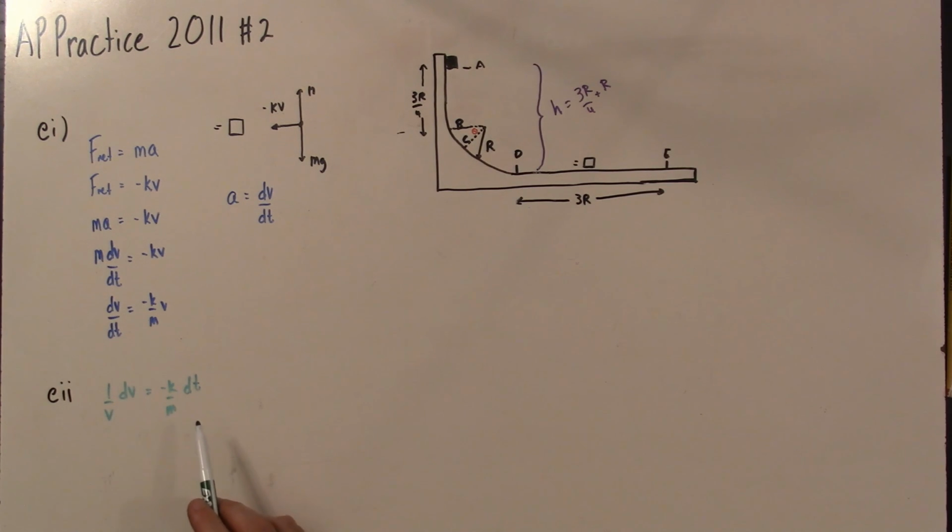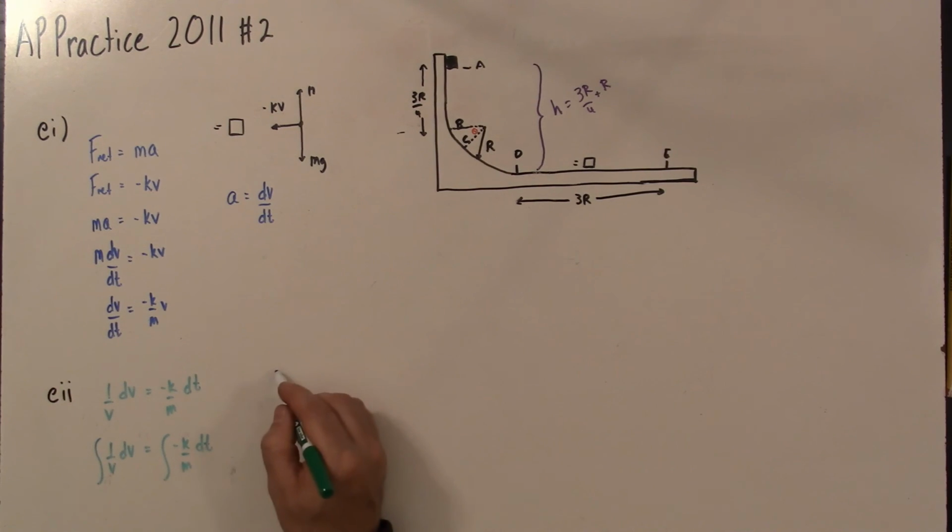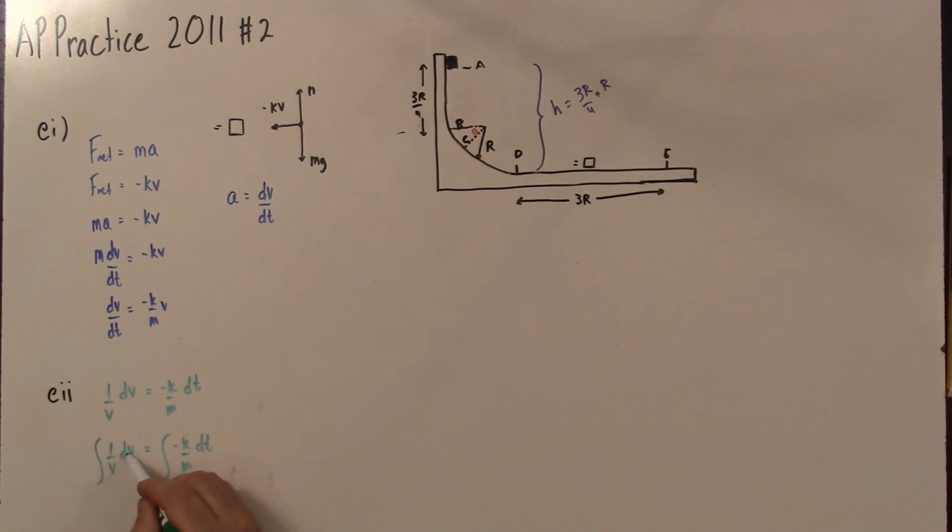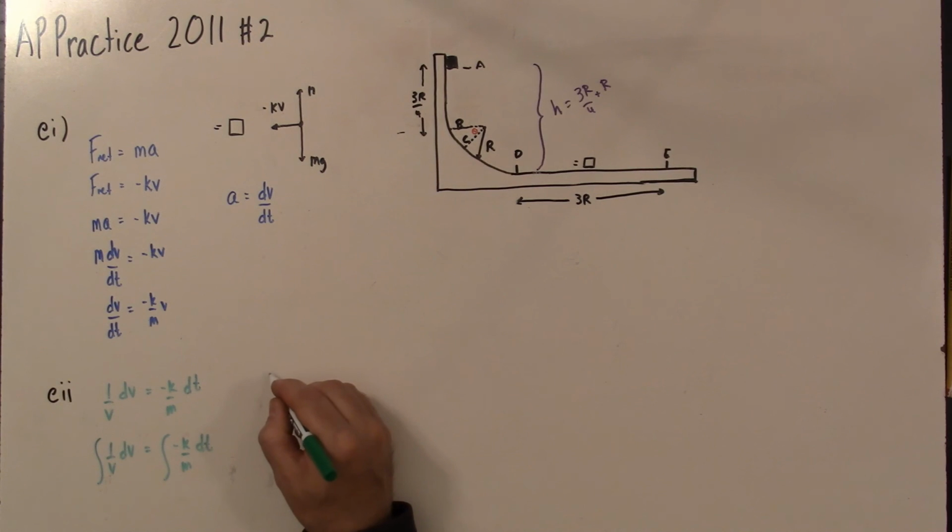But what we have here is a derivative, and so if I want to undo the derivative, I'm going to take the antiderivative of both sides. So the antiderivative of 1 over v dv is equal to the antiderivative of negative k over m dt. So if I apply this, the antiderivative of 1 over v dv turns out to be the natural log of v.